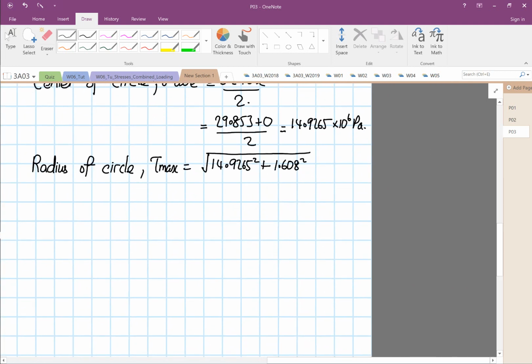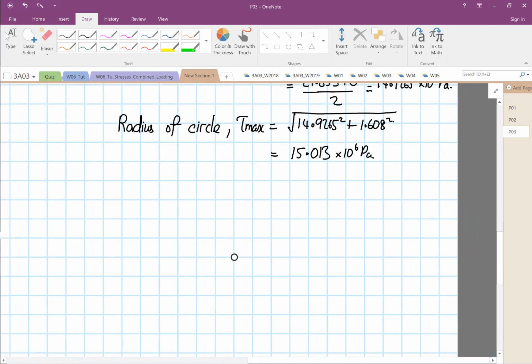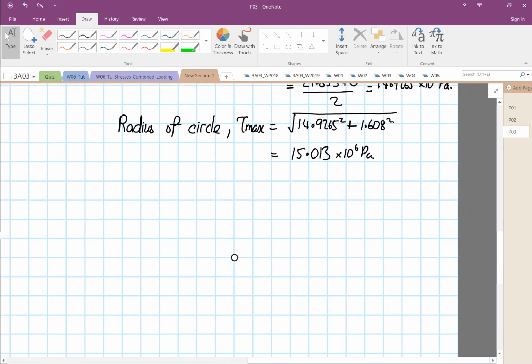You don't need to put the plus or minus because when you square it, the minus just disappears. It's 15.012 or 15.013 times 10 to the power 6 Pascal. So we found our tau max already, and then we find our principal stresses.